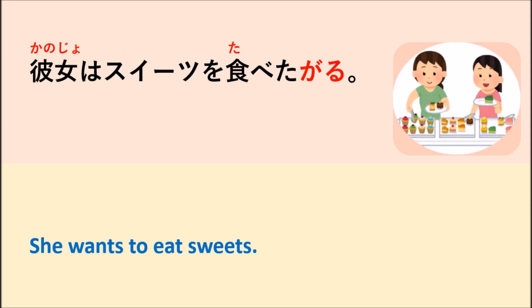This is the rule: with anything that ends in i, you should cut the i. 食べたがる、行きたがる、飲みたがる, something like this.